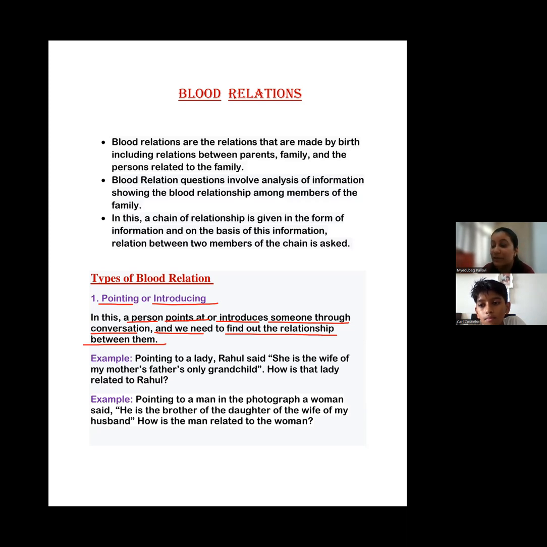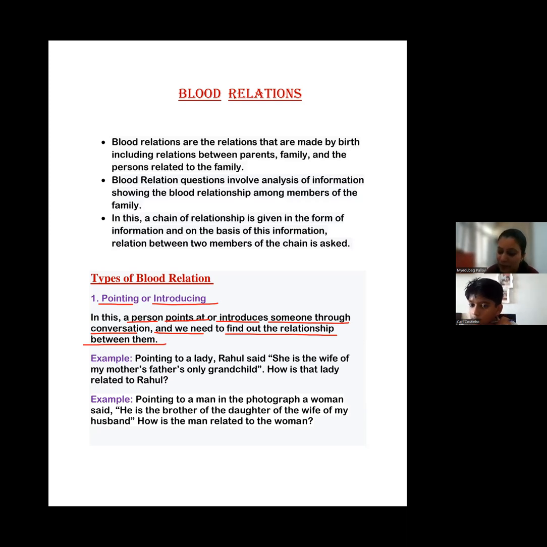So instead of saying directly that she is my mother, you say that she is the daughter of my father's father-in-law. The questions will be in this format only, that one person will be pointing towards the other person in conversation with a third person.